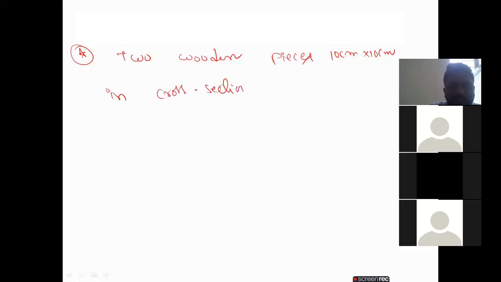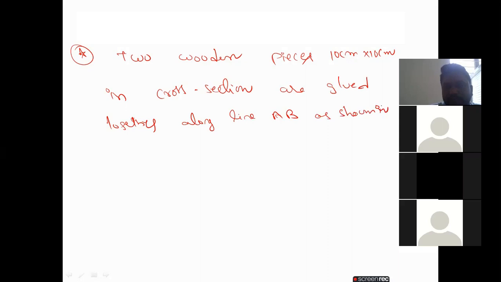I will write the problem. Wait for 1 second. Two wooden pieces, 10 centimeters by 10 centimeters in cross section, are glued together along line AB as shown in the figure below.